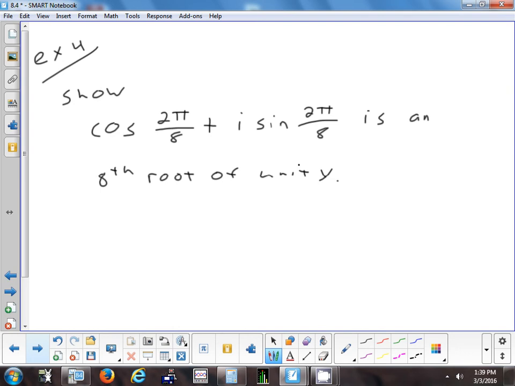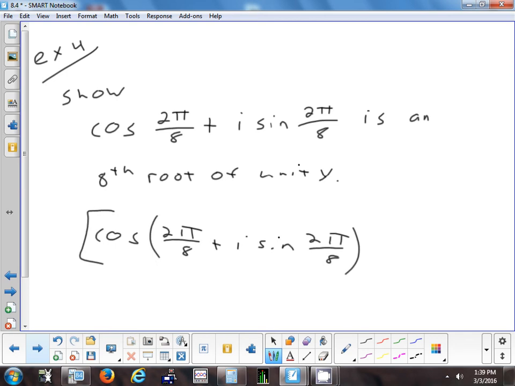So we're going to take this, cosine 2 pi over 8, plus i sine 2 pi over 8. We're going to raise it to what power? The 8th power. And what are we hoping to get?